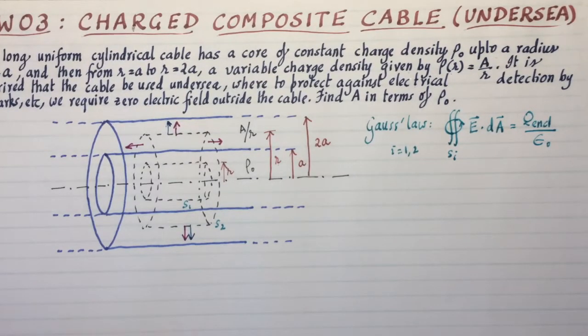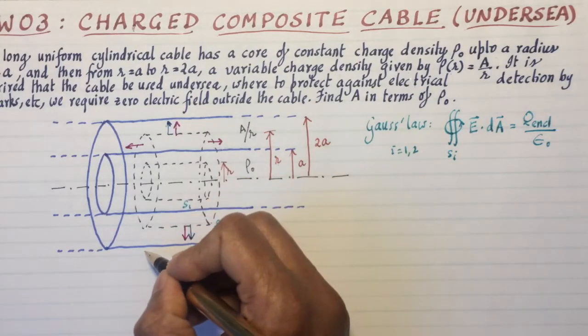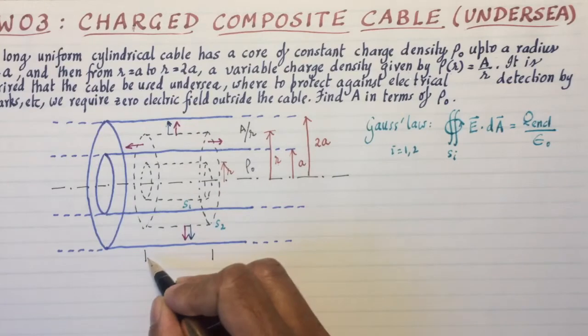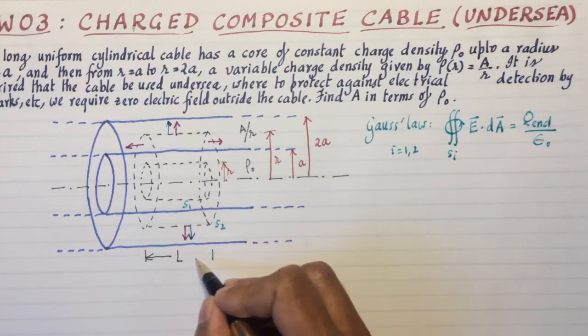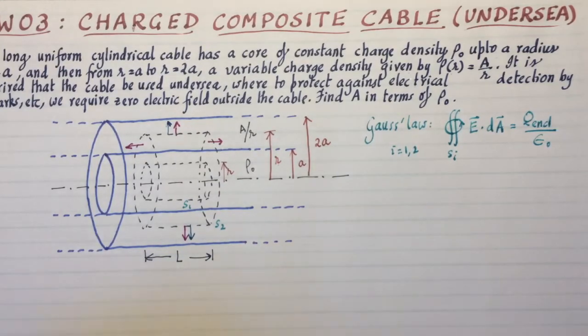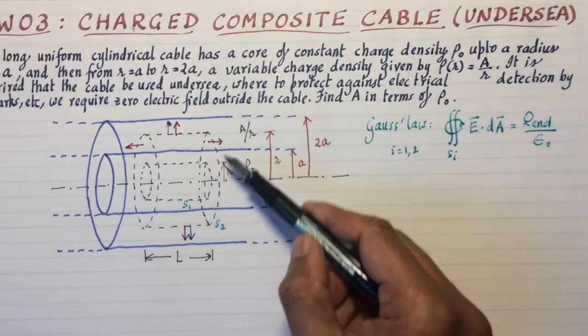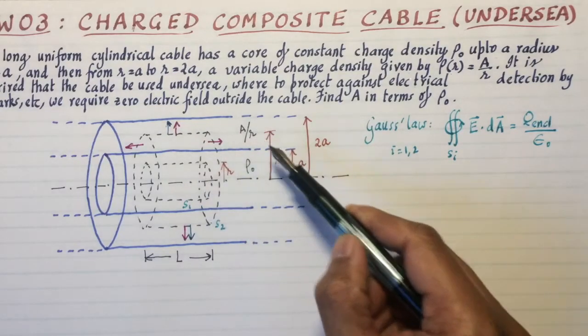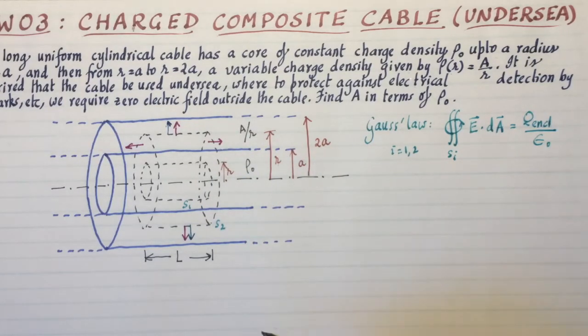Now these Gaussian cylinders have to be finite, otherwise the enclosed charge will become infinity. So let's put also the length of the Gaussian cylinder here. Let's call it L. At the end, we want the L's to cancel out. Be careful about that. We cannot have any dependence on L. The only variables that can appear at the end are r and A.